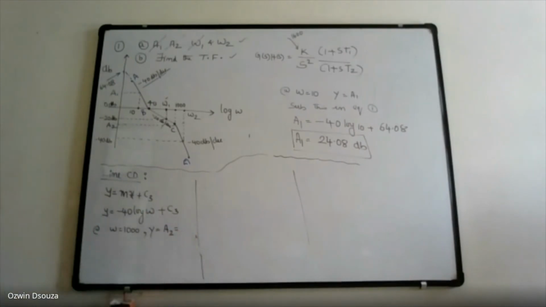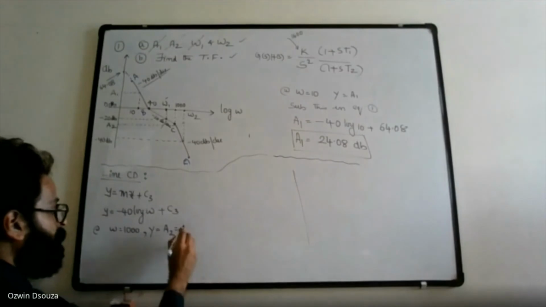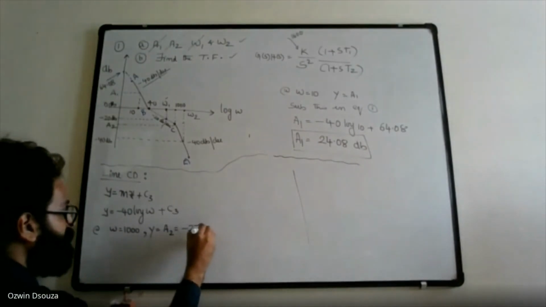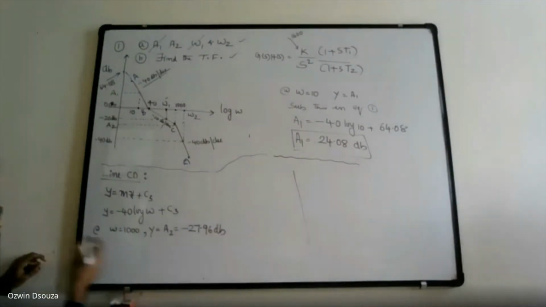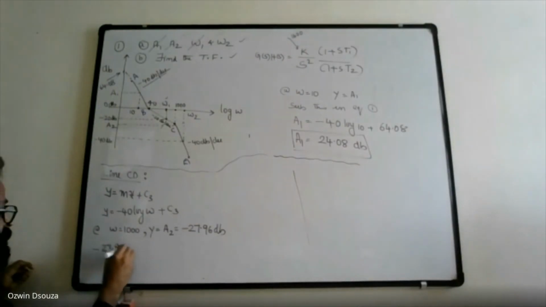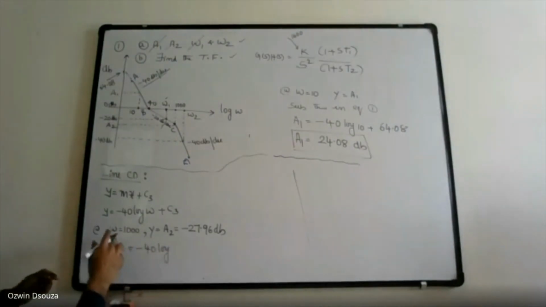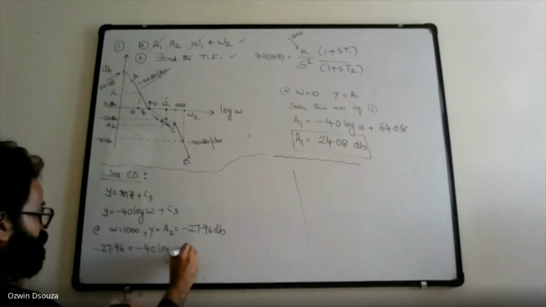And what is A2? A2 we have determined from the previous step, right? That is minus 27.96. So y is minus 27.96 is equal to minus 40 log omega. So omega is 1000.